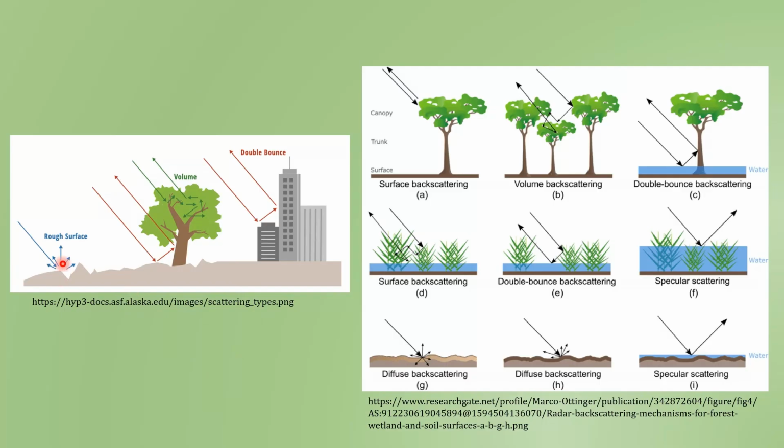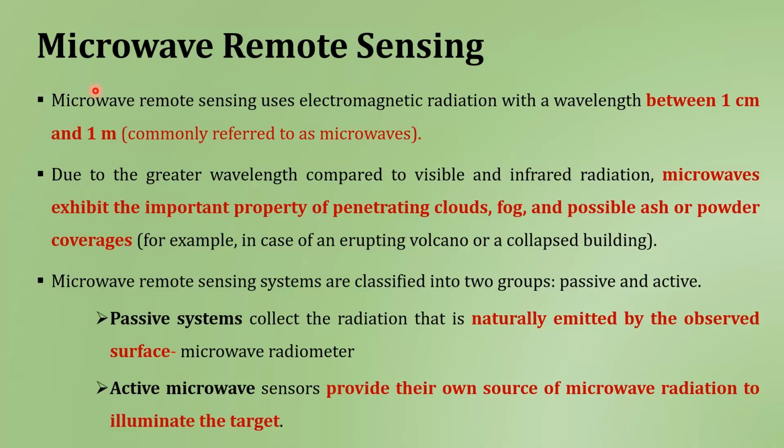So, depending upon the objects on which this signal is incident, the backscattering can be of different types. It can be surface backscattering, volume backscattering, double bounce backscattering, or diffuse backscattering. We will learn about these in more detail in part 3 of microwave remote sensing. First, let us understand the basics of microwave remote sensing.